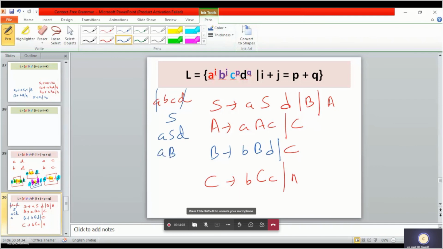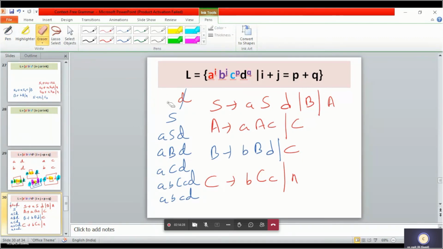So I will select here B. From B, I will directly go to capital C, and then we'll get B, C, C, and D. So we'll get A, B, C, D. So you can see here that we are getting this solution also, A, B, C, D. And similarly, you can try different strings.